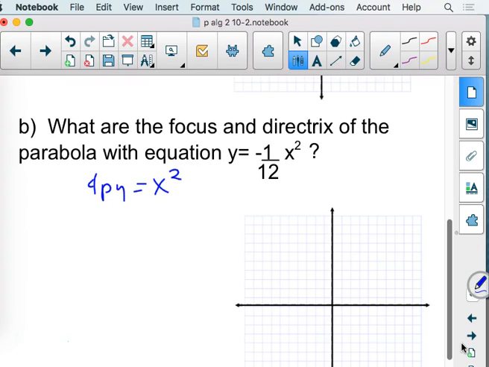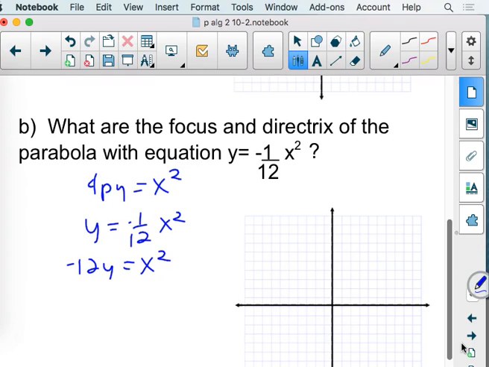How do you move that -1/12 over? Multiply by the reciprocal. Multiply by -12. So -12y equals x squared.